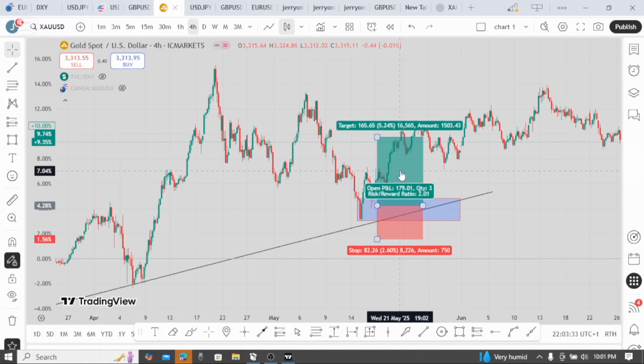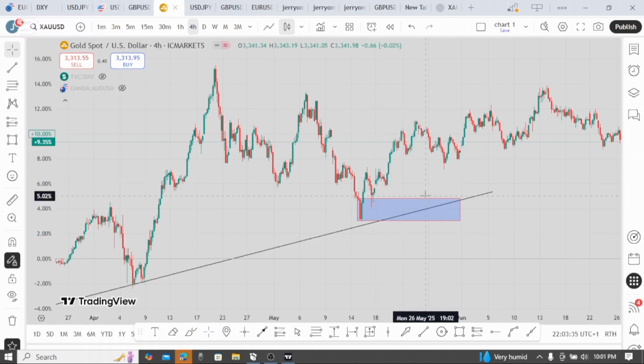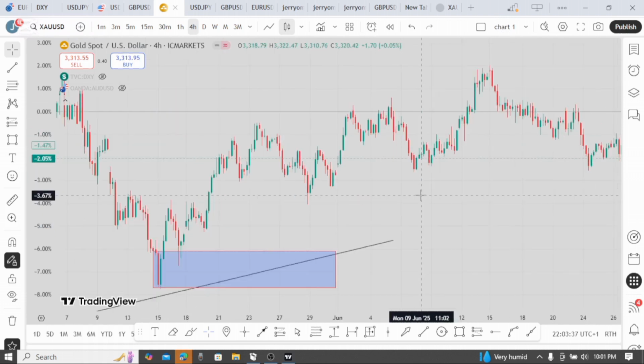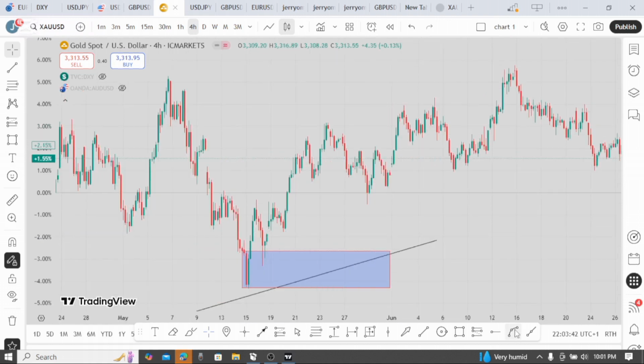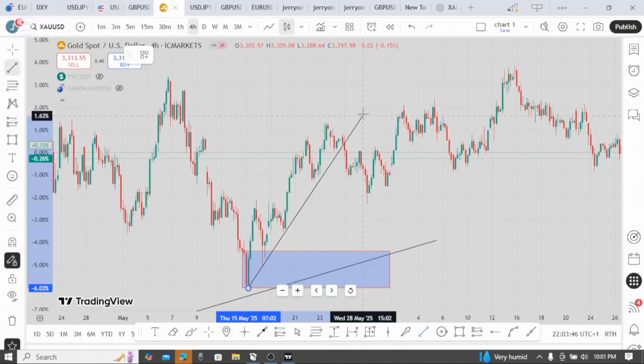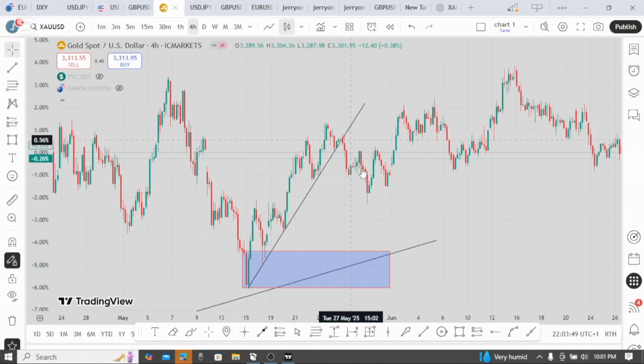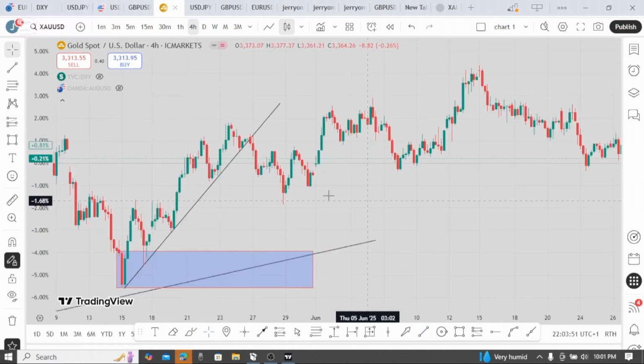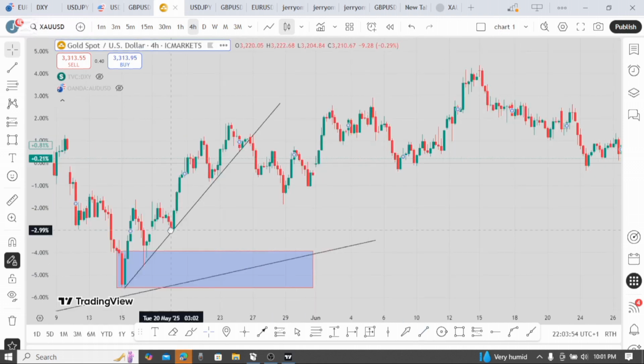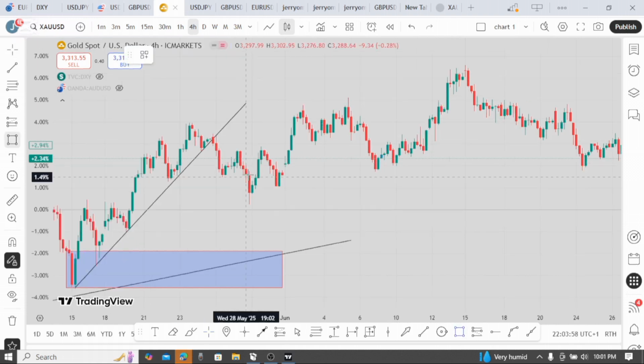So now that's how. Let me show you another scenario. You see here the same thing, price went up bullish. This is another trade again. You can still take this trade also. You see it bullish, price came back here. We saw a little bit of a break of structure, but price didn't take this particular zone. So now this is our last bearish candle.